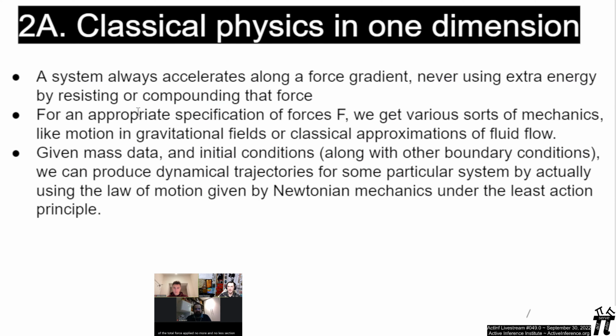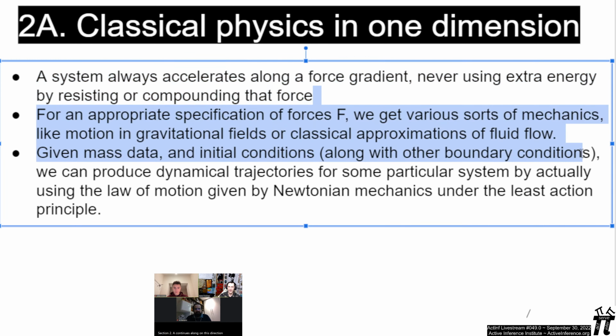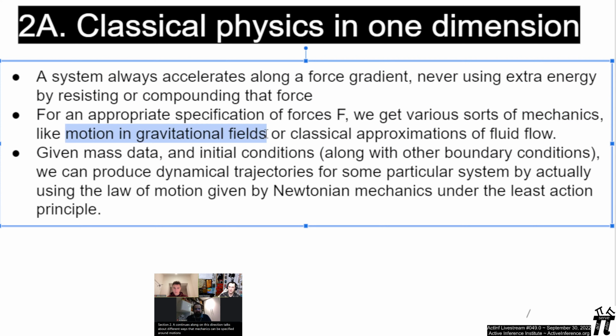Section 2a continues along this direction and talks about different ways that mechanics can be specified around motion in gravitational fields like moving objects, and also approximations arising from fluid flow.